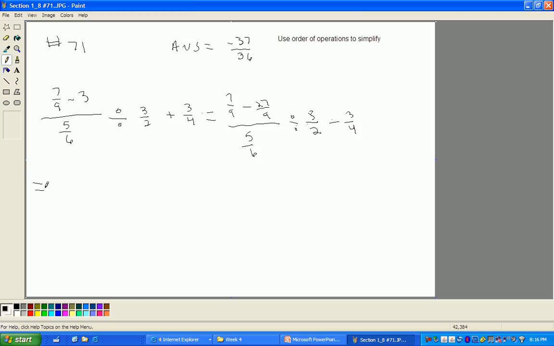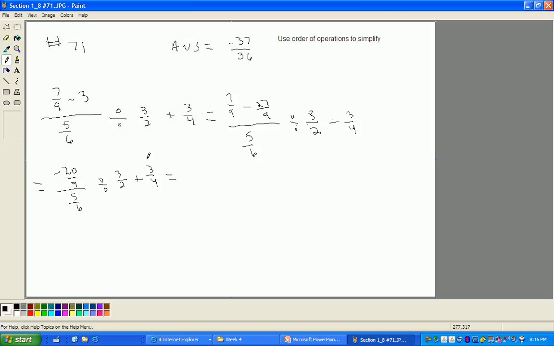We know that 7 minus 27 is going to give us negative 20/9 on top, divided by 5/6, divided by 3/2 plus 3/4.